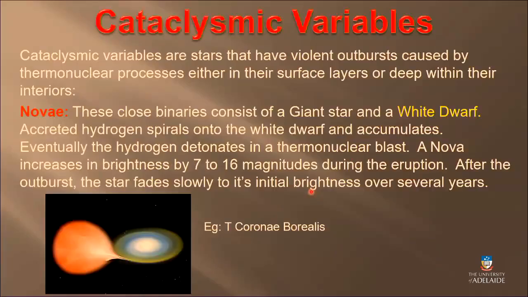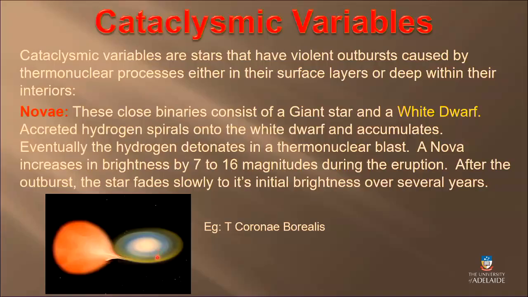The next class are cataclysmic variables. So these are stars that have had violent outbursts caused by thermonuclear processes, either in their surface layers or deep within their interiors. So the first class of these is a nova, or a classic nova. So these are close binaries consisting of a giant star, like a red giant, and a white dwarf in a very close orbit.